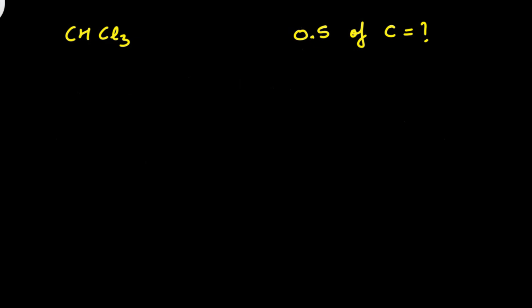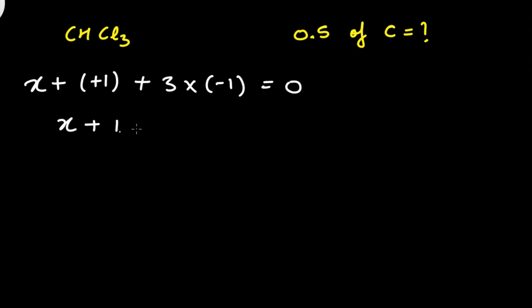Our next molecule is CHCl3. Again start. X plus +1 for hydrogen plus 3 into -1 is equal to 0. X plus 1 minus 3 is equal to 0.